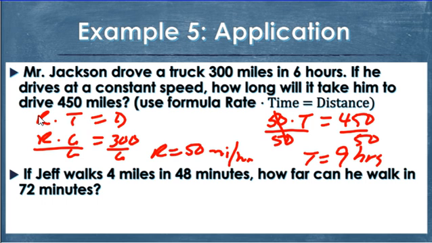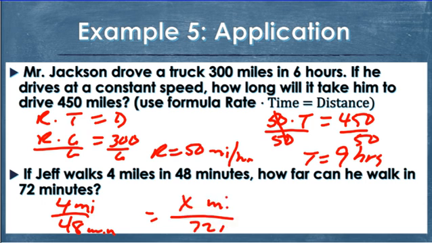And the last one, if Jeff walks 4 miles in 48 minutes, how far can he walk in 72 minutes? So 4 miles in 48 minutes is the same as how many miles in 72 minutes?